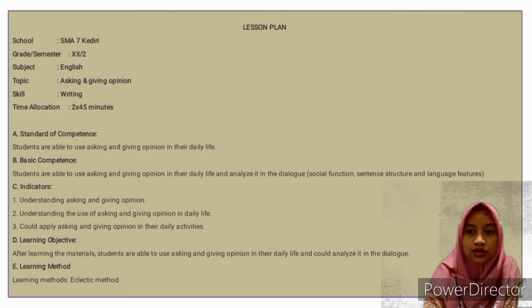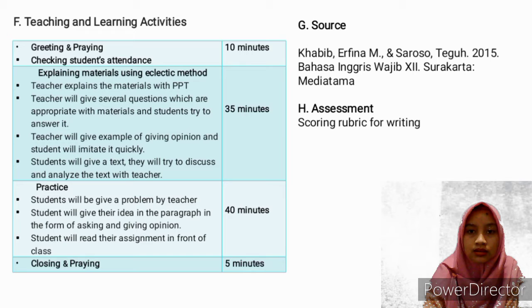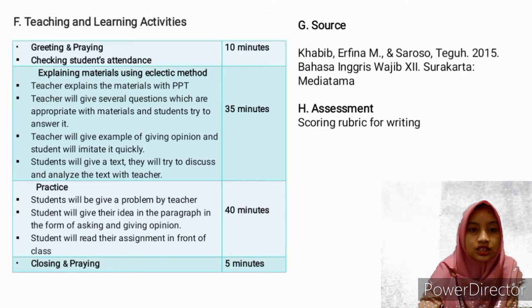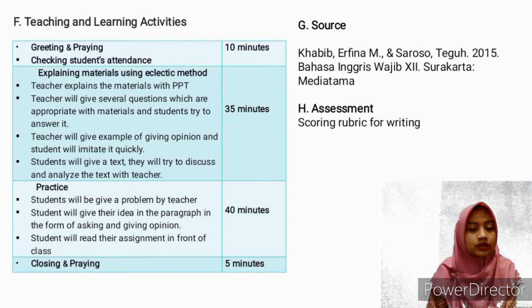So we will go next to the technique and learning activities. The first is the same: greeting and praying, checking students' attendance, and then explaining material using the eclectic method.